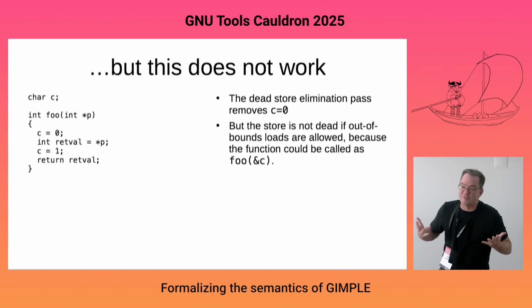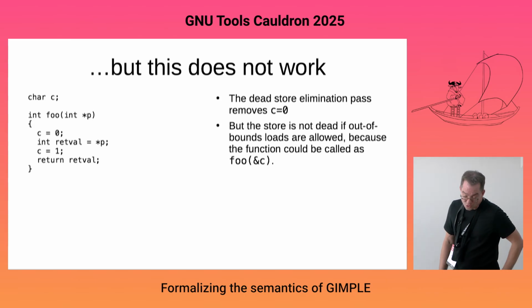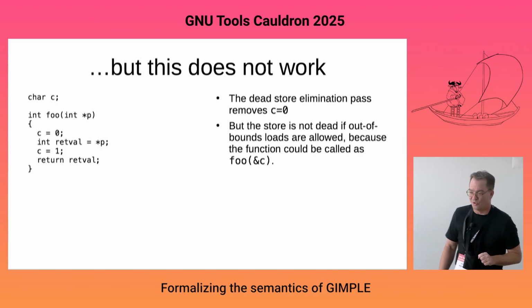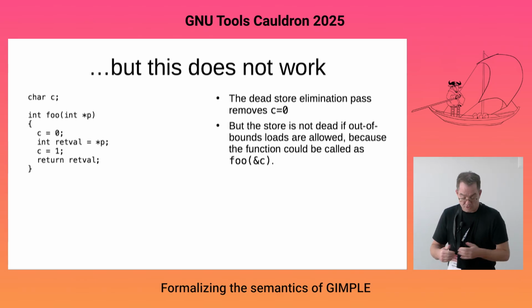But this doesn't work either. If you look at this example, this is now defined if we call foo with the address of C, provided that C is correctly aligned. I forgot to add an alignment on it. It now returns 0 and the rest are these padding bits.